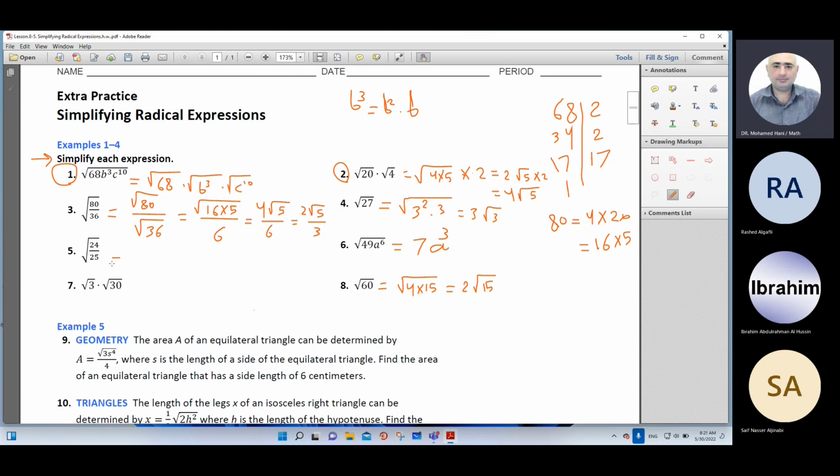Number 5, the same idea. Distribute the root to the numerator and denominator: square root of 24 over square root of 25. So 24 equals 4 times 6.